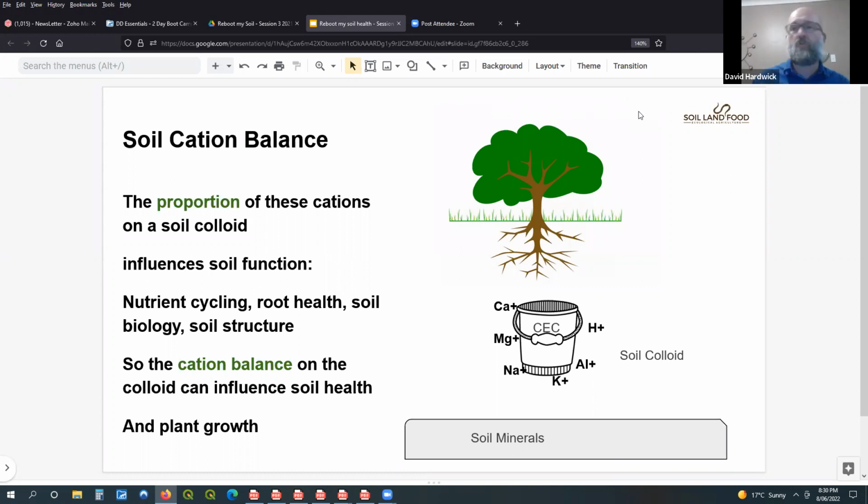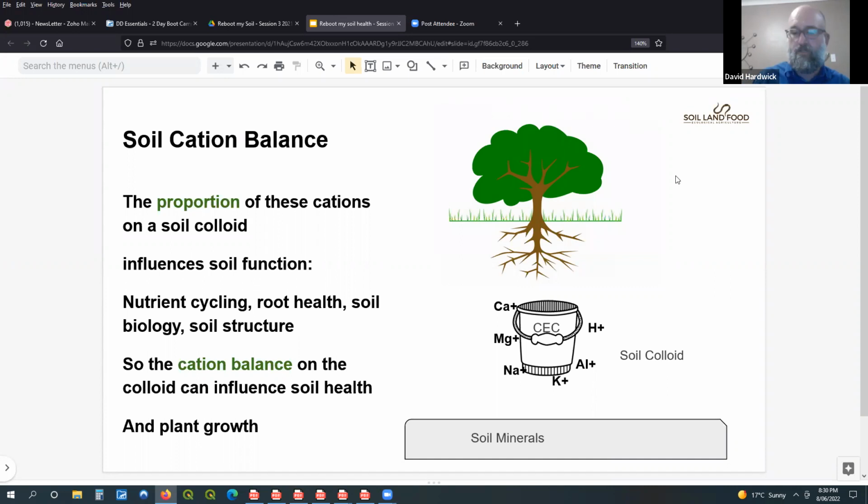So even though nutrients cycle through this bucket, that's good, but just as importantly, or more importantly sometimes, is the ratio of these guys, cations, hanging on this CEC, because that can influence soil function, like soil structure, or how well soils cycle their nutrients, or if they have toxic conditions. That can actually be influenced by the proportion. So that's what we call the cation balance. Some of you may have heard of that term and you're looking for it. So this is the key thing.